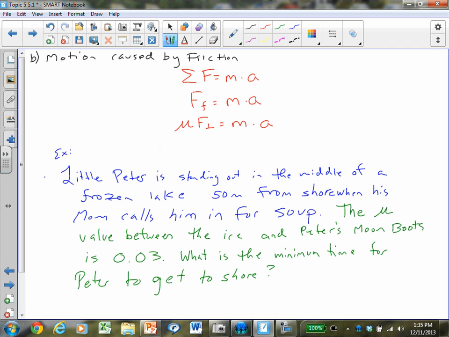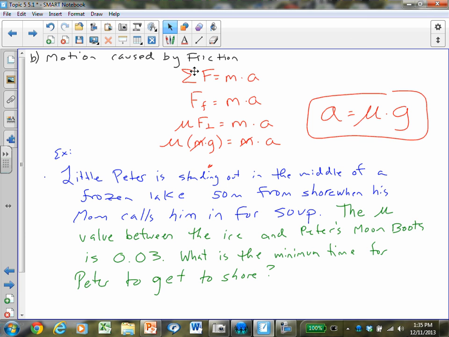And F perpendicular is mg times ma, or equals ma. So the m's cancel, and you can see that if you want the acceleration, you just multiply mu times 10 to calculate what your acceleration would be on the surface.